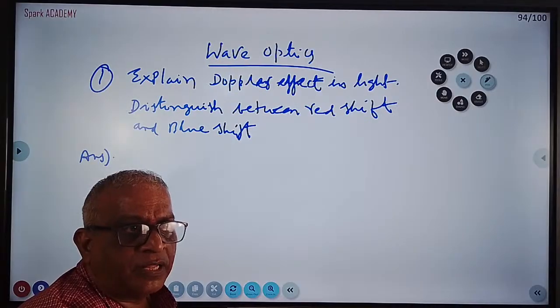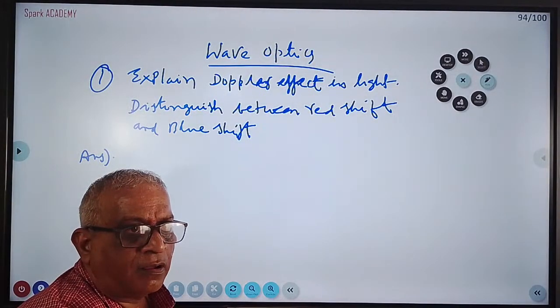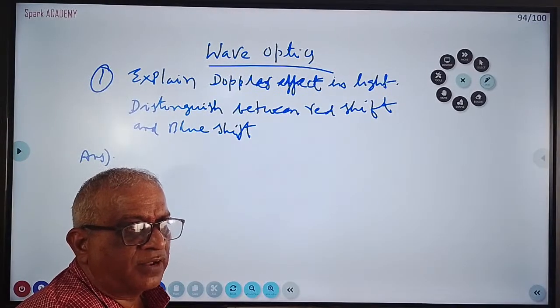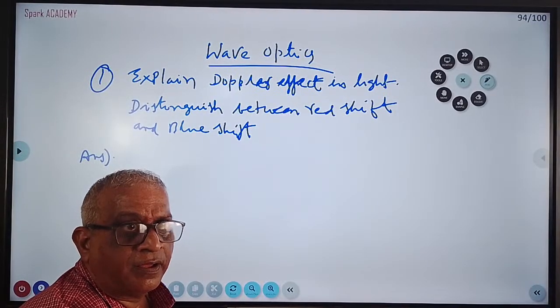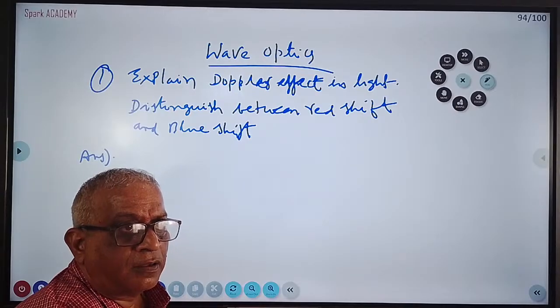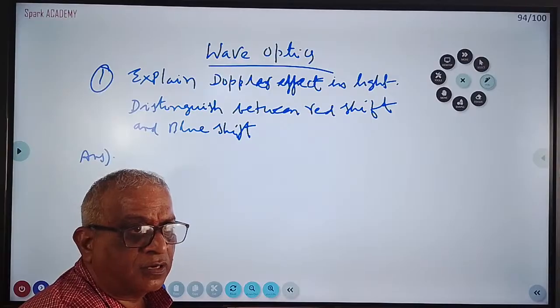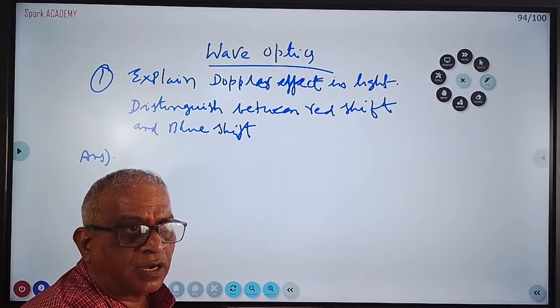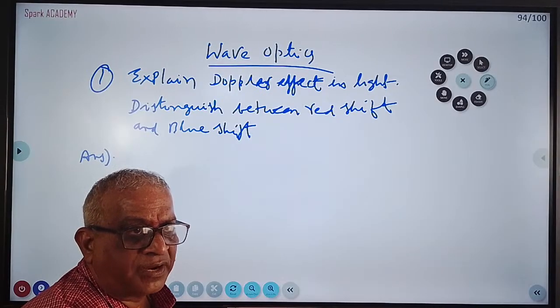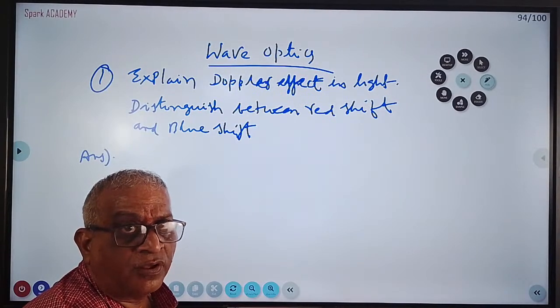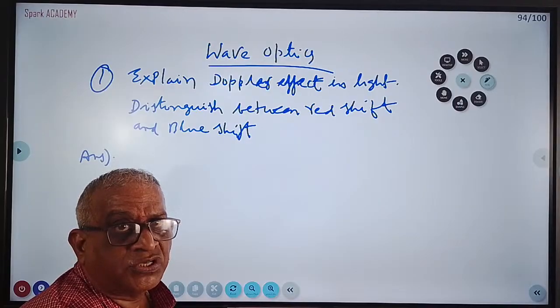Apparent change in the wavelength or frequency of light whenever the source of light is moving away from the observer or moving towards the observer. Where is the observer? On the ground, at rest. Only the source is moving. What is the source? Star. Source is nothing but a star.